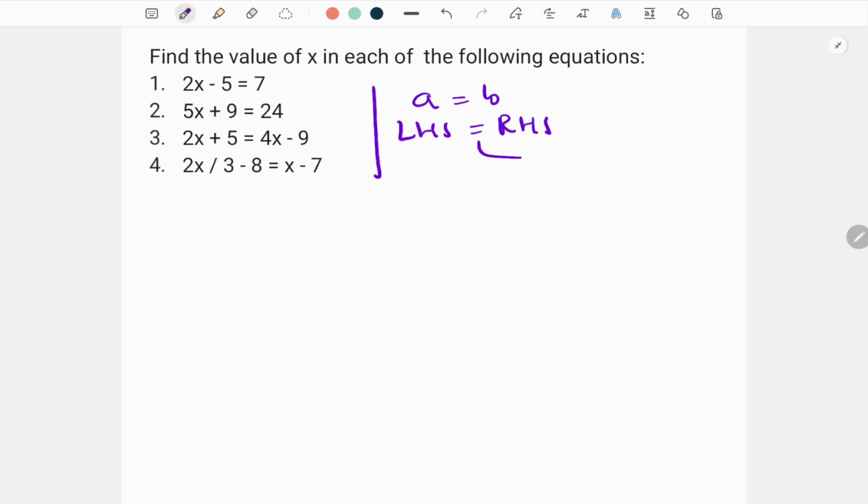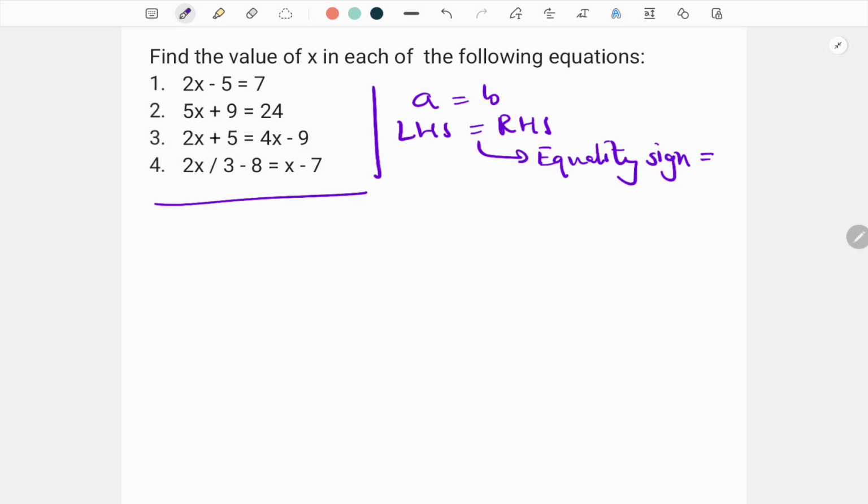This is called an equation because of the equality sign, which signifies that the left hand side and right hand side are equal. If you want to maintain the equality, there are certain operations that are allowed. If you perform the same operation on both sides of the equation, then the equality sign persists.